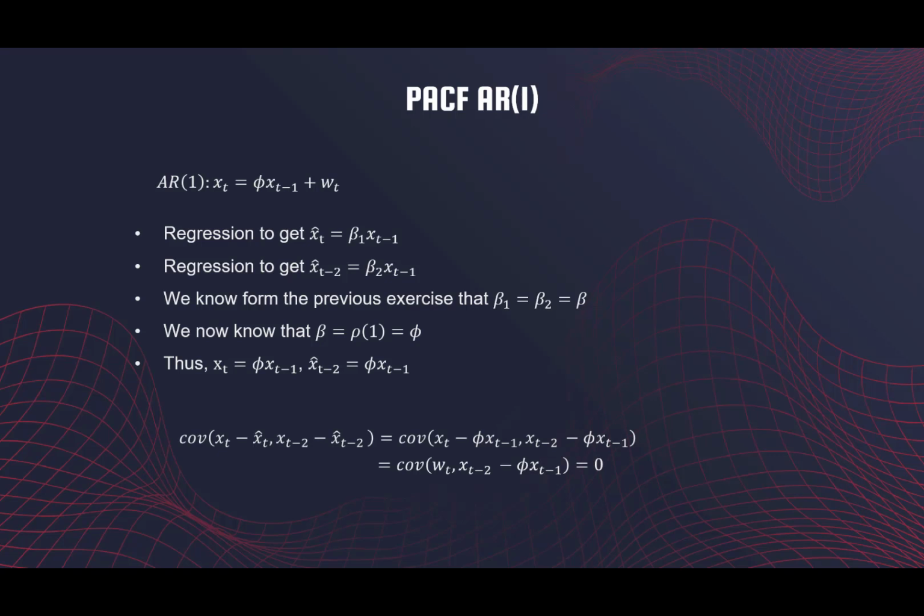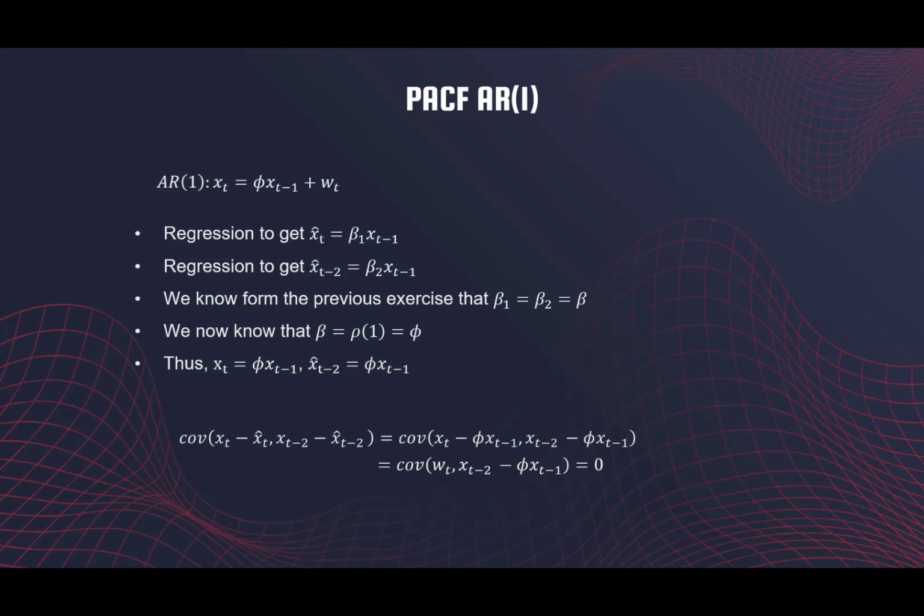So I have w_t, and x_{t-2} minus phi x_{t-1}. Now if you remember the results of causality, x_{t-2} is going to depend on w_{t-2}, w_{t-3}, and all the previous white noise. x_{t-1} is going to depend on w_{t-1} and all the earlier white noise.